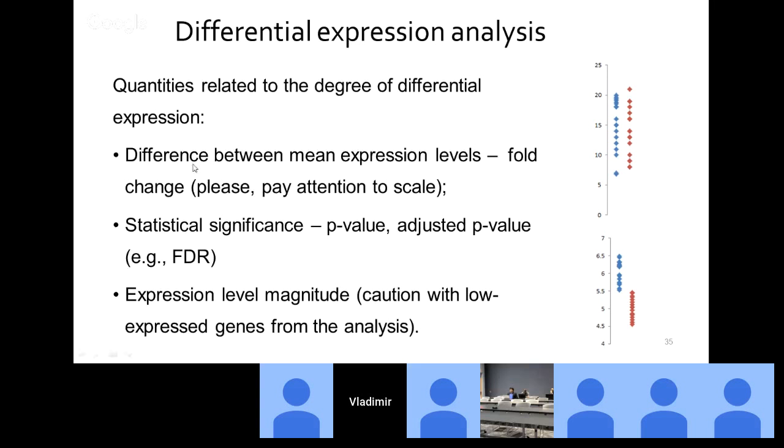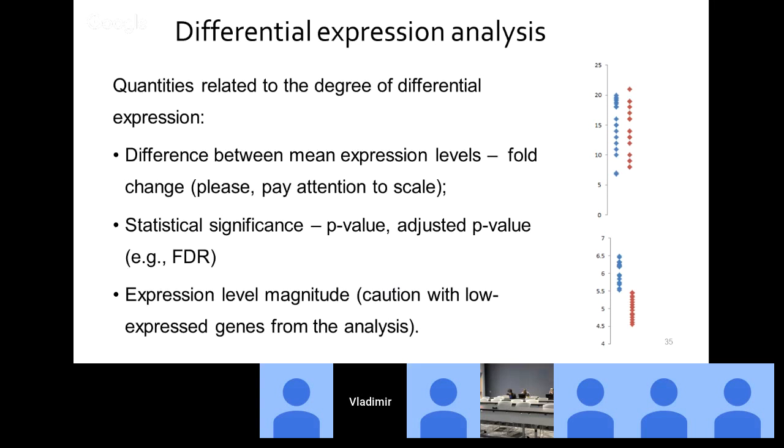That is why standardly the p-value is supported by so-called adjusted p-value that has different names and slightly different statistical meanings. Sometimes it is called adjusted p-value, sometimes it is called q-value, sometimes it is called, for example, false discovery rate.